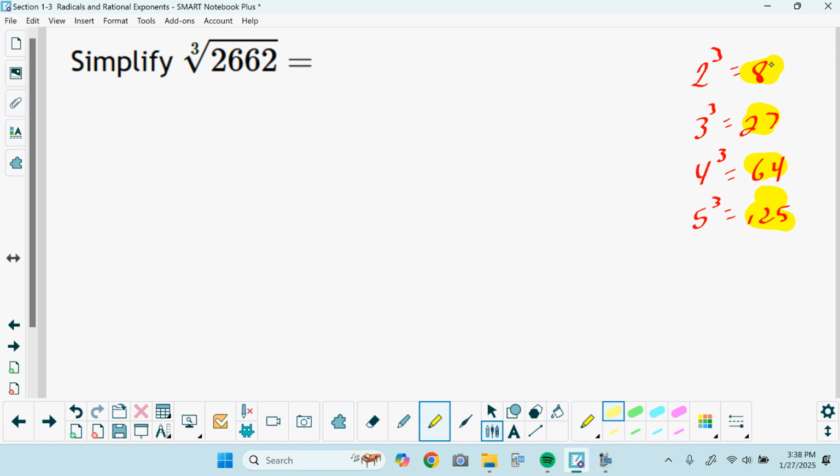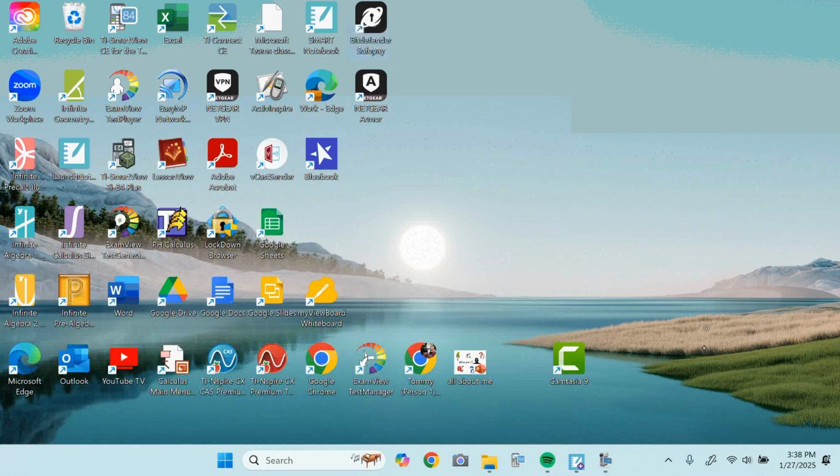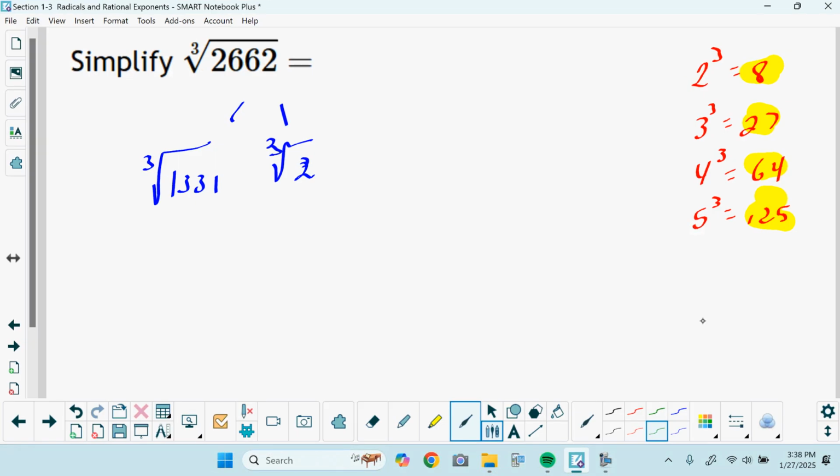So what you end up finding out is the cube root of 1331 and the cube root of 2. Now 1331 just happens to be 11 cubed.